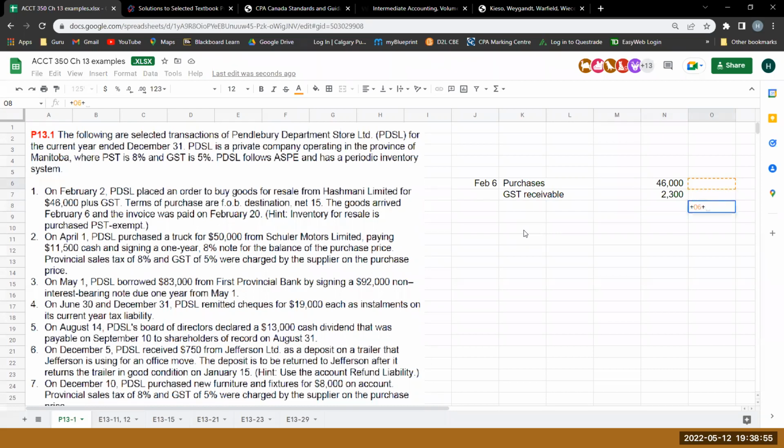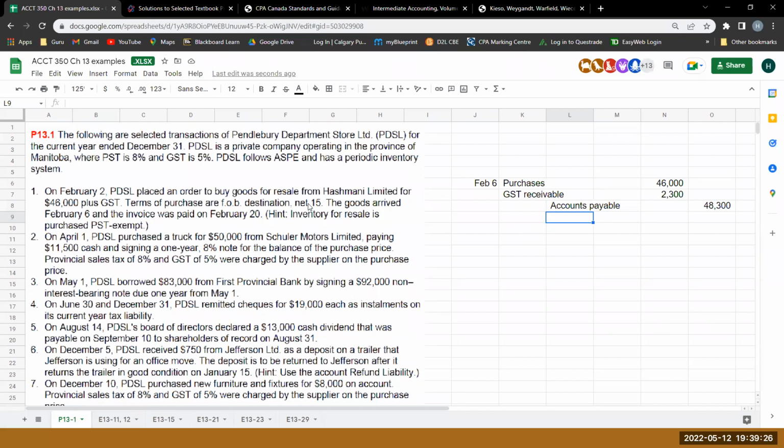A total of $48,300 needs to be paid to the supplier, Hashmani, so that represents accounts payable. Debit purchases for 46,000, debit GST receivable $2,300, and credit accounts payable $48,300.